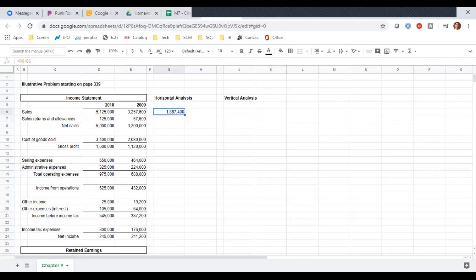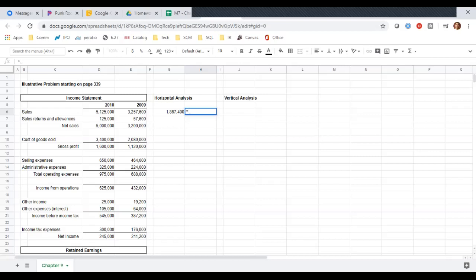Sheets makes this really easy to do this horizontal analysis. So this is going to go really fast. Okay, so we have a change of 1.8 million, and the other part of horizontal analysis is knowing what that is in percentage terms.